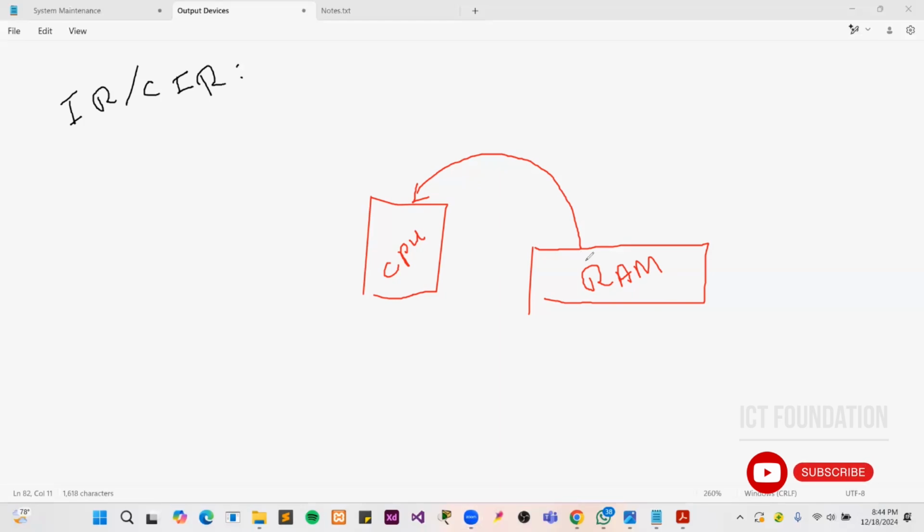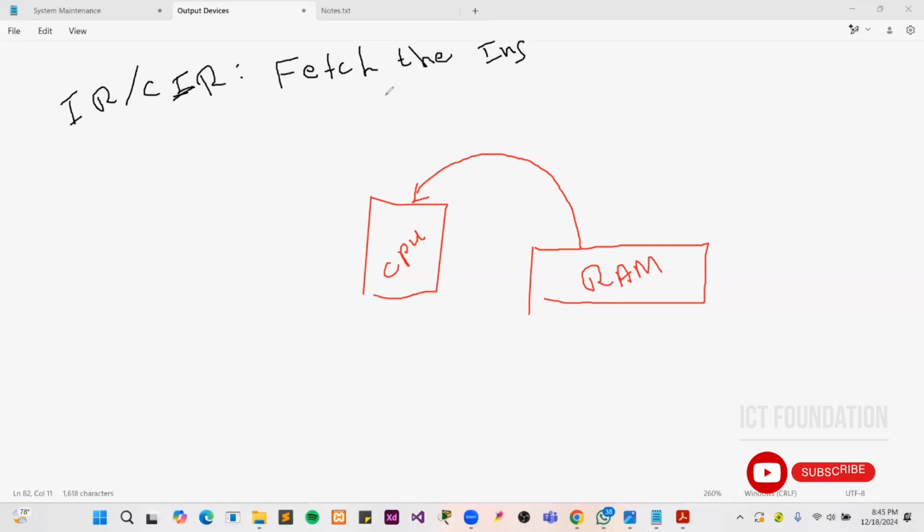So from the RAM, the data will be gathered into the IR or CIR, both the same. This activity is called fetch the instruction. Initially, from RAM to CPU, the instruction will be fetched.